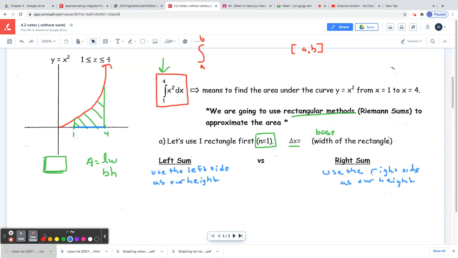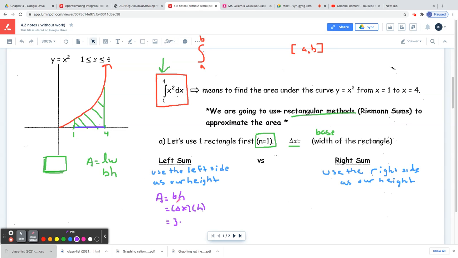Area is going to be base times height, or length times width. Our base is going to be our delta x, which is 3, from 1 to 4. Our height is then going to be either our left side or the right side.